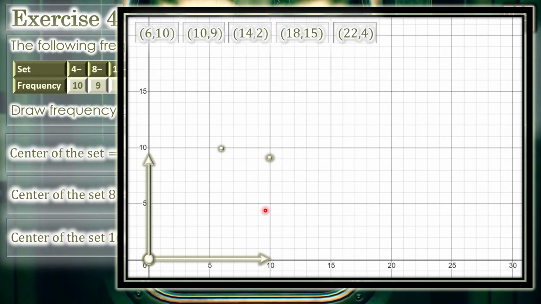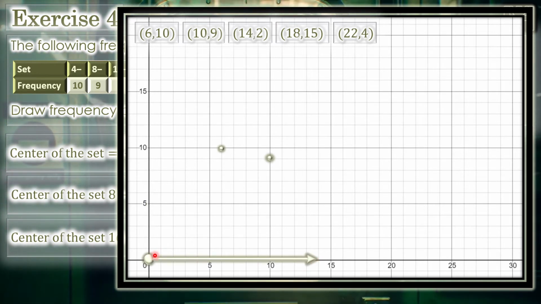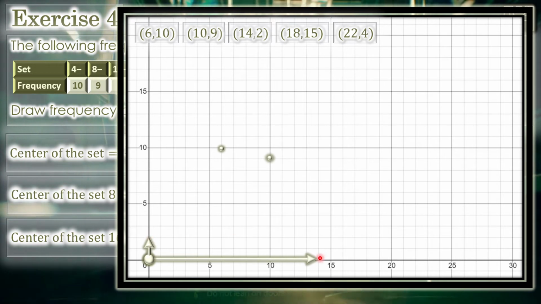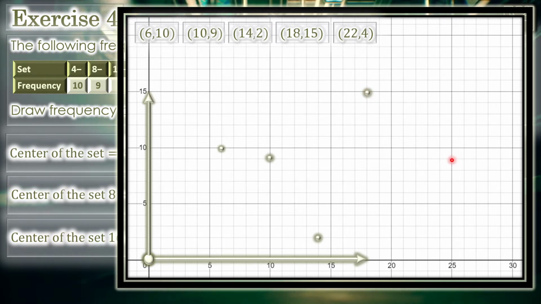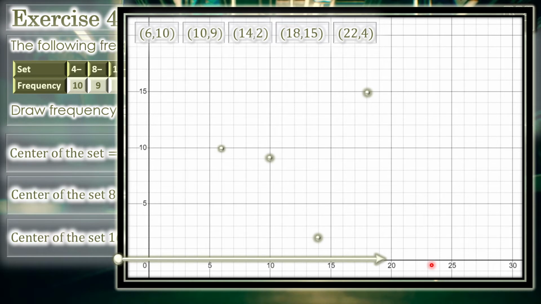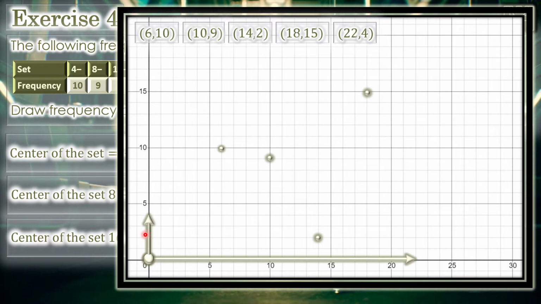Then 14 on the x-axis and 2 on the vertical axis, so the new point will be here. Then 18 on the horizontal axis and 15 on the vertical axis, so the new point will be here. Then finally 22 on the x-axis and 4 on the y-axis, so the new point will be here.